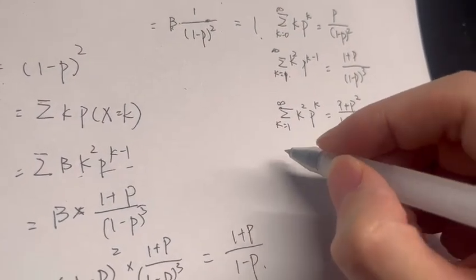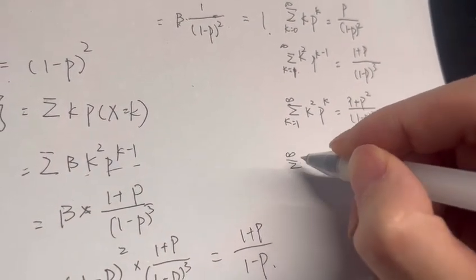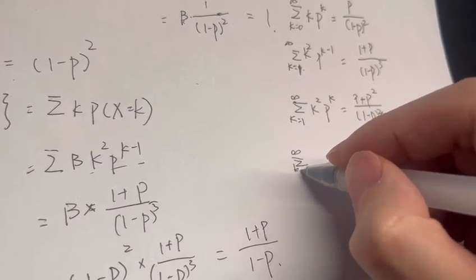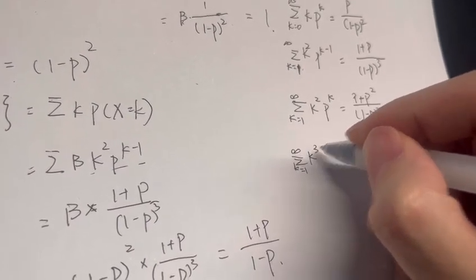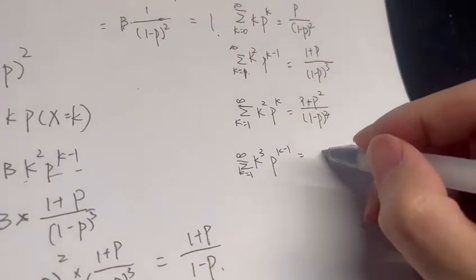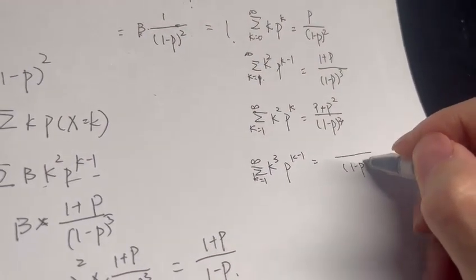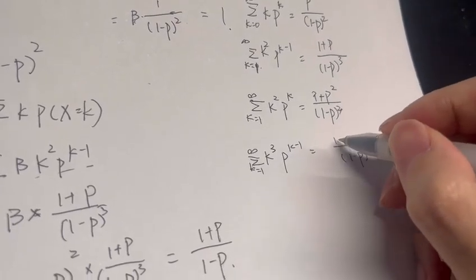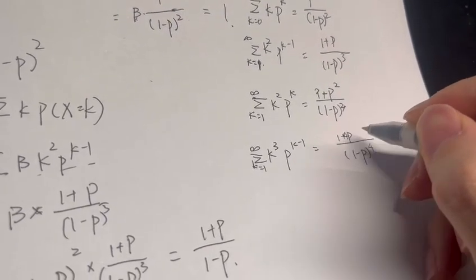So, to save time, I have already calculated this equation. It will look like this: plus p, 4p, plus p squared.